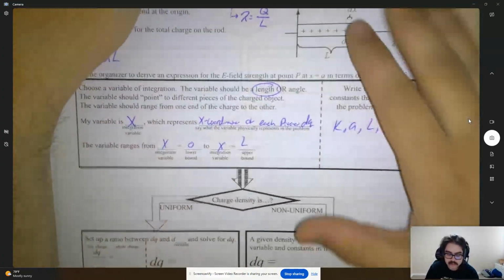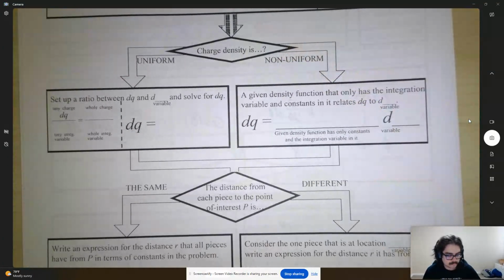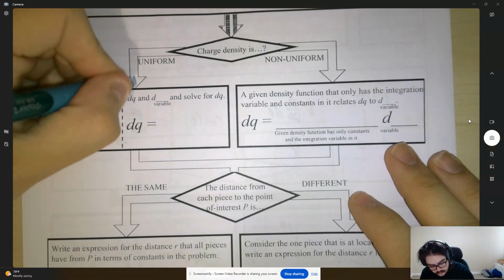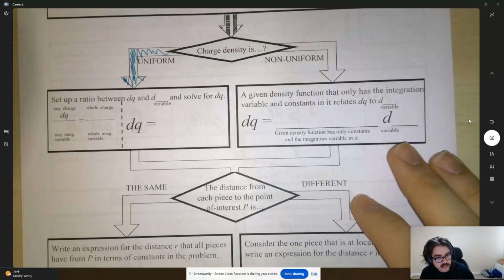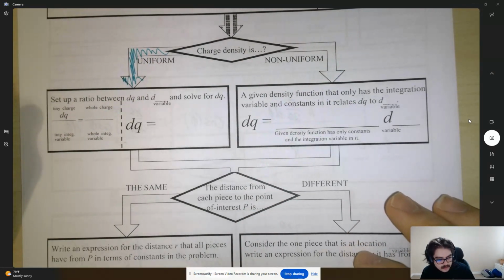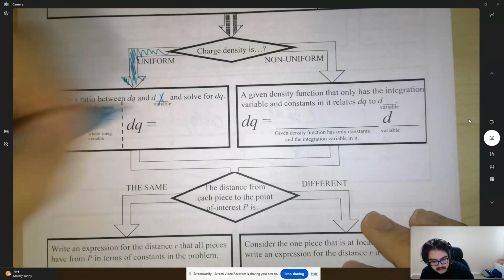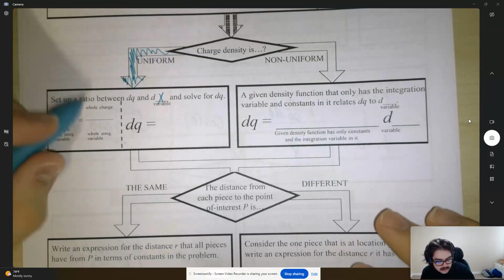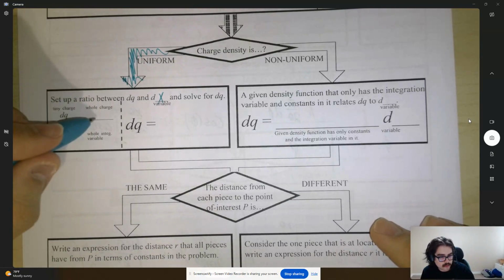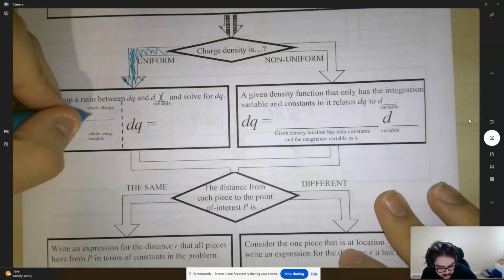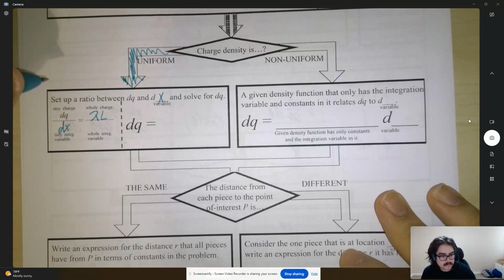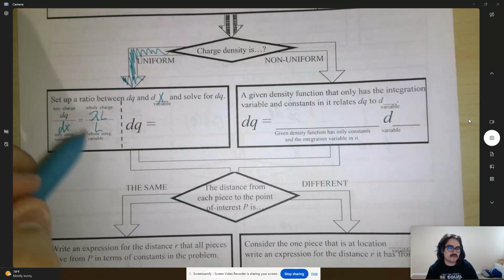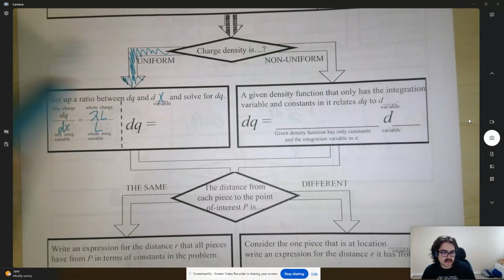The charge density is uniform, so we'll go down the uniform path. We haven't done non-uniform yet. I think that's going to be more of a Gauss's law thing. We're going to set up a ratio between dq and dx. So my tiny integration variable is dx, and then the whole charge, I already got that whole charge expression earlier, that's just q, which is lambda L. And the whole integration variable is, of course, the distance L. Hopefully you notice that L and L will just cancel out because there's one on the top, one on the bottom.